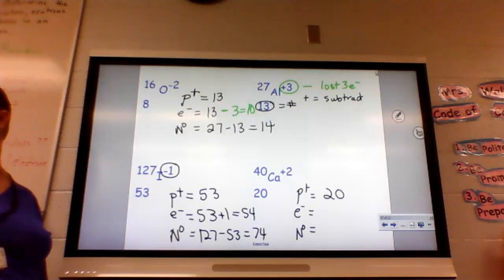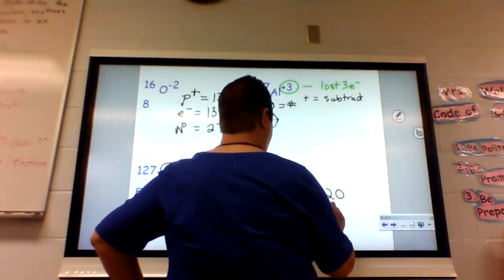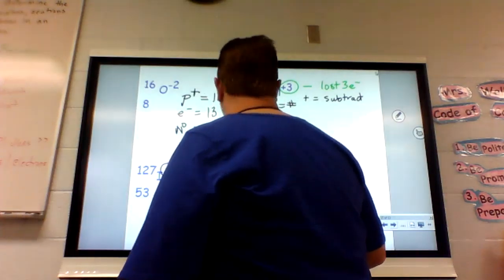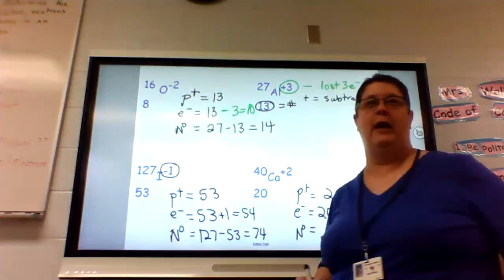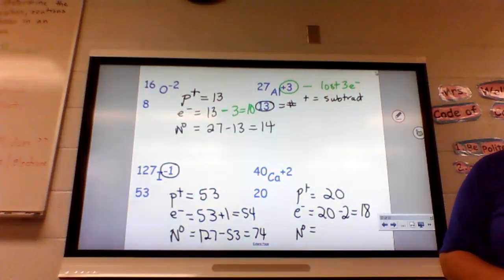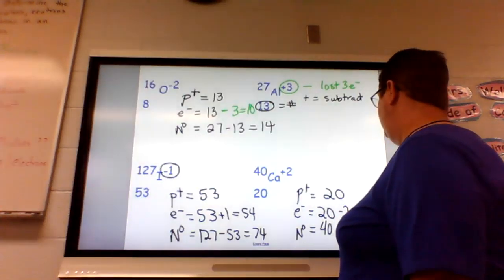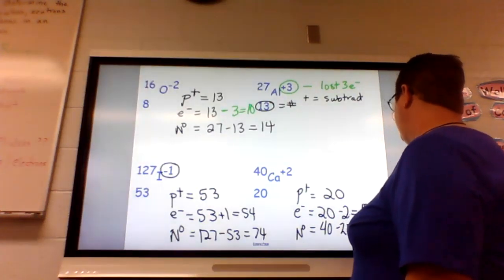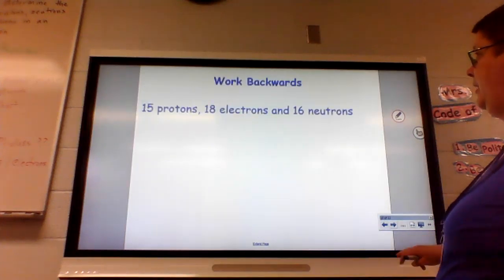They're the same. So we know we had 20. What does the plus 2 mean? So we get 18. How many neutrons do we have? 40 minus 20 is 20. Everybody okay with that? Yes or no? We feel okay about that?